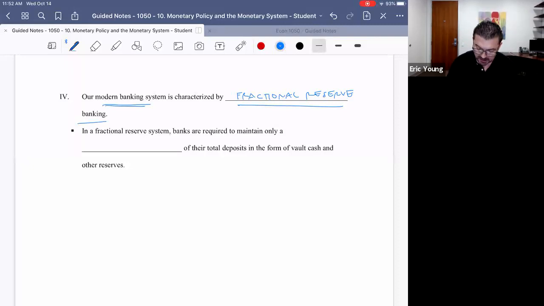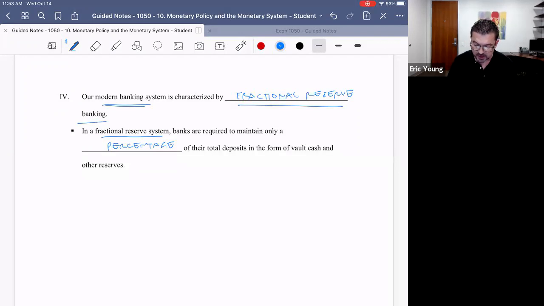You ask, what does this mean? Well, here's the key. In a fractional reserve system, banks are required to maintain only a percentage of their total deposits in the form of vault cash and other reserves. Say this again, that's really important.